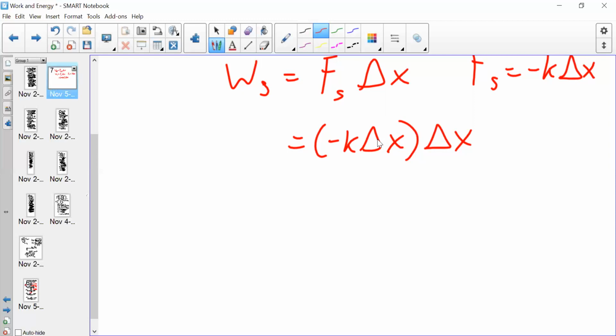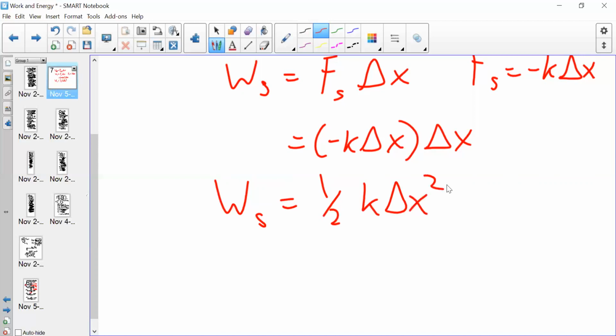Again, do not worry about this step here, but let me just give you the formula. Work done by the spring will be equal to 1/2 k delta x squared.